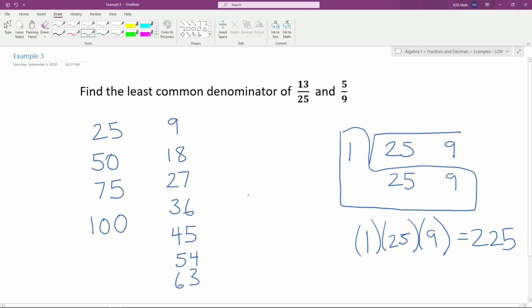But that doesn't guarantee that it's the least common denominator. The only way to guarantee that it's the least common denominator is to do this ladder method here, or continue listing out all of the multiples here. So if we kept listing out the multiples for 9 and 25, we would eventually get to 225, and that would be the least common denominator.